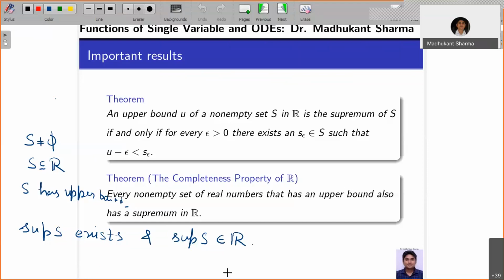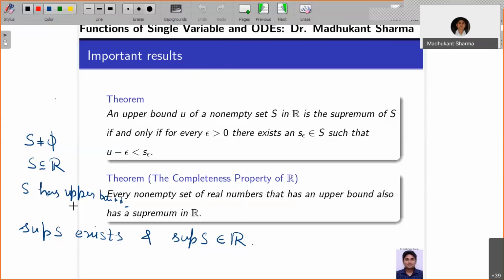So this completeness property relates to the supremum property, which says that if you consider any non-empty subset of the real line which has an upper bound, then its supremum exists, and the supremum belongs to R.